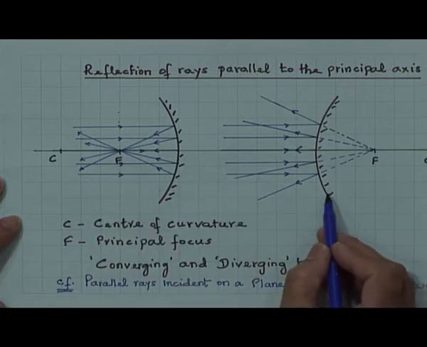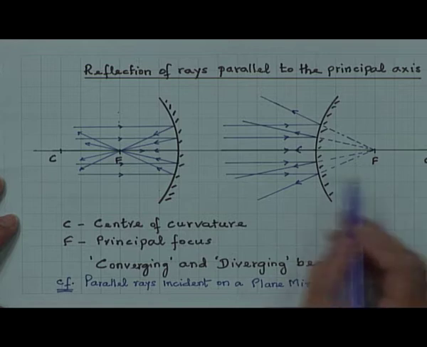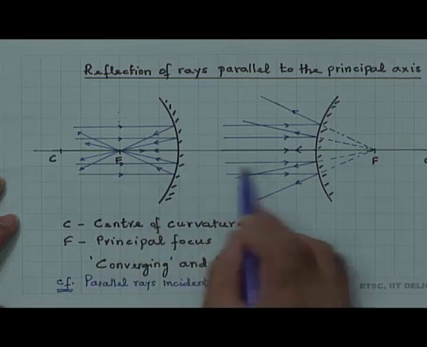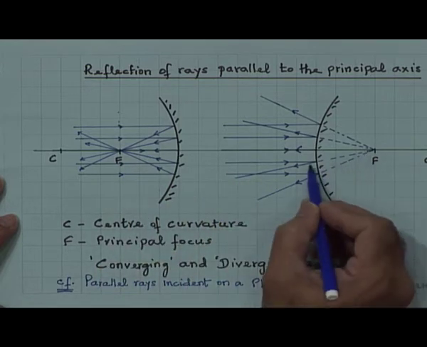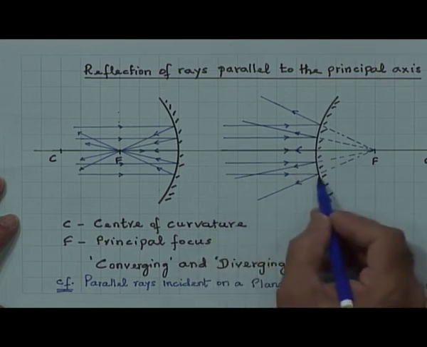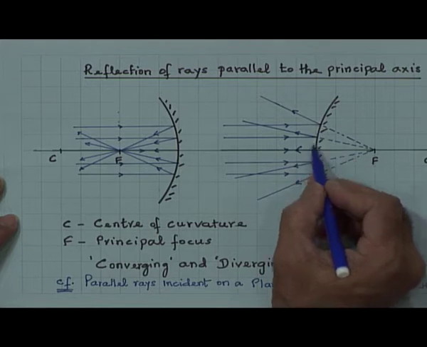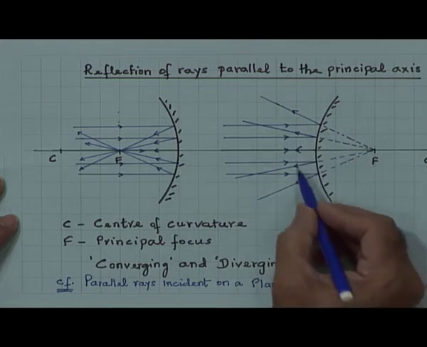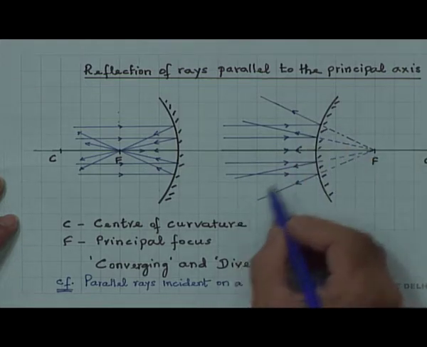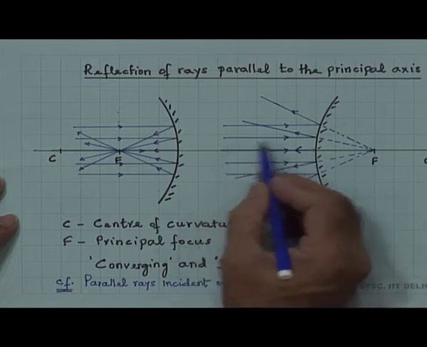In the case of a convex mirror, the same parallel rays incident will diverge, because every ray has to satisfy the law of reflection at the point of incidence, and the net effect is that they will lead to a diverging beam.